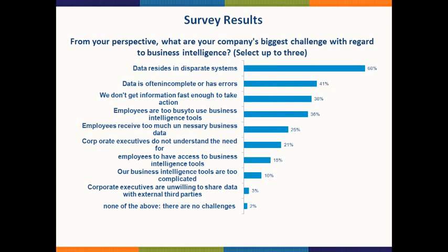So there were many answers, and then this was the result. But the net is companies struggle in getting this information from various systems, and they are not able to provide that at different levels in the organization.